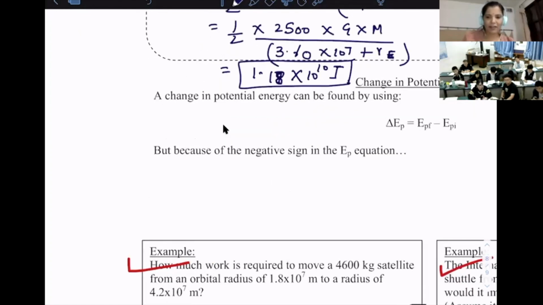Now you think, do you consider the gravitational potential energy negative sign, or you don't have to? Think. Because that negative sign shows you that your value of the potential energy is below zero. So will you take into consideration that negative sign or not to find the total energy of the system?